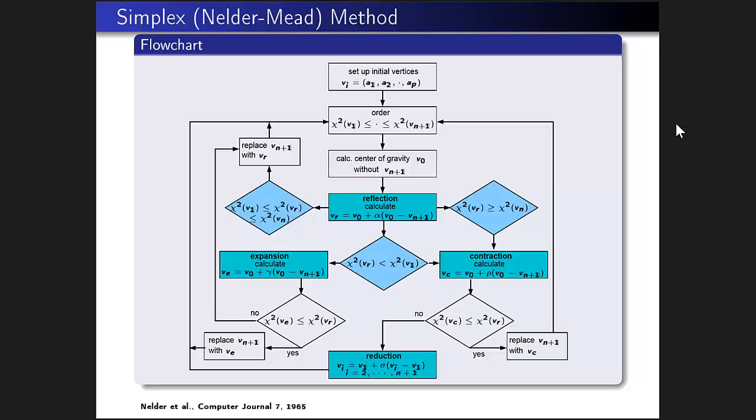You would evaluate the chi-squared value at each of these vertices and order them. Then you would take away the top one, and find the center of gravity without that top one. So if you have a triangle, you're actually finding the center of gravity along one side.